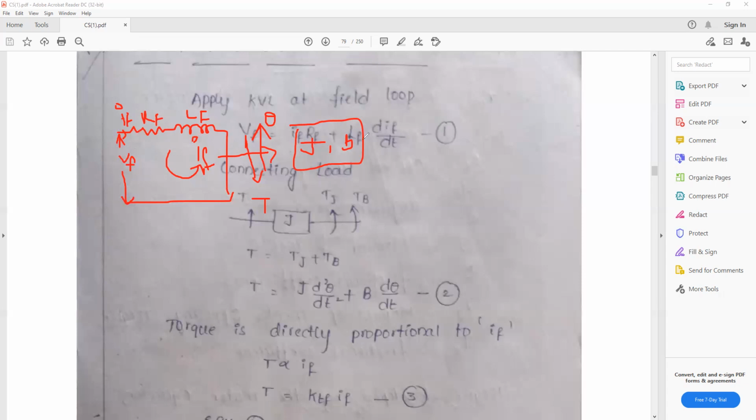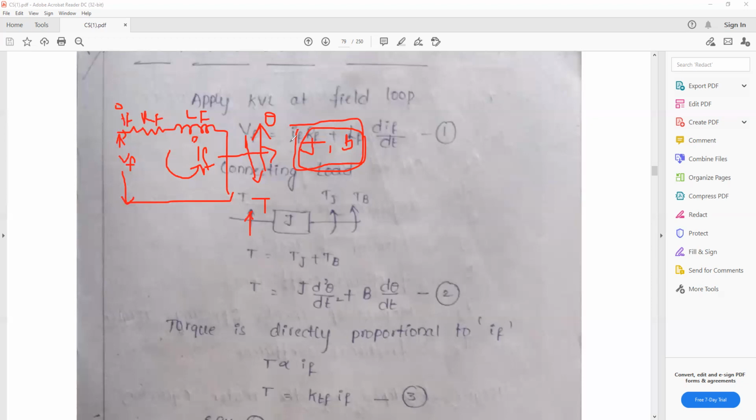And the connecting load same J and B. So applied torque is T, opposing torques Tj and Tb.